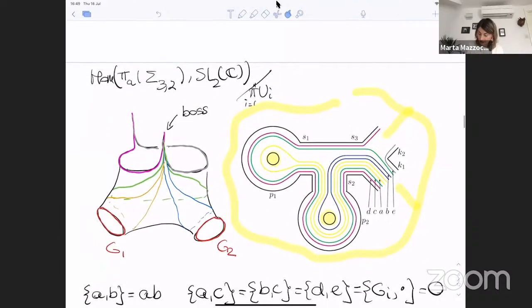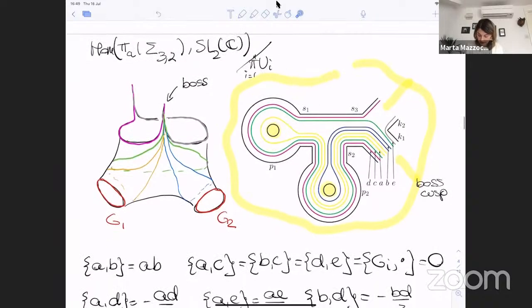My boss cusp is the one on the bottom. And for example, let's look at the blue. The blue one goes from the boss, goes around hole number 2 and comes back. Okay.